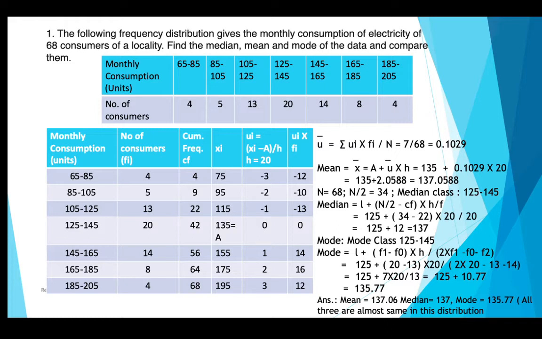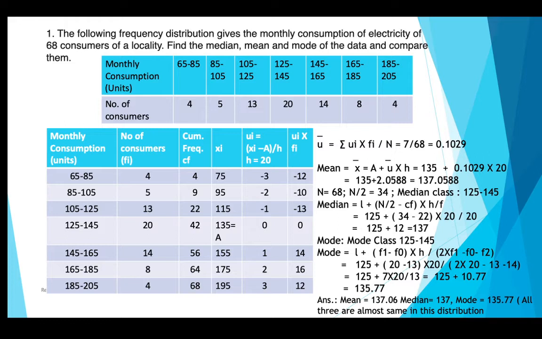Now the mode class is again the same, 125 to 145, because 20 is the highest frequency. So we take that as the mode class. Now the formula is known to you, you have done it in the earlier exercise.